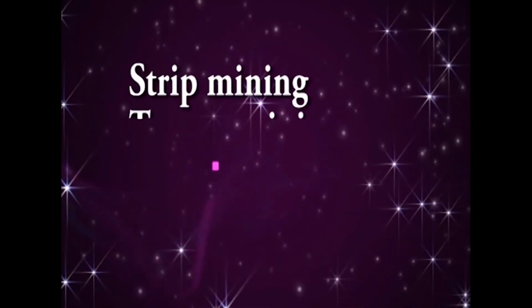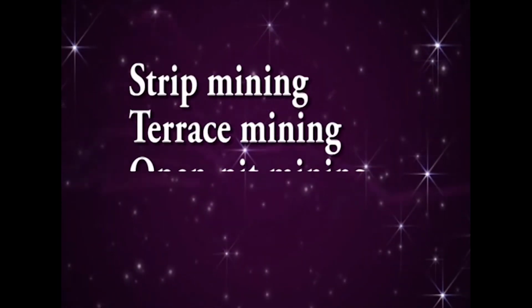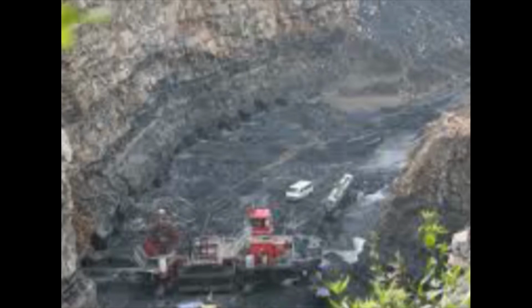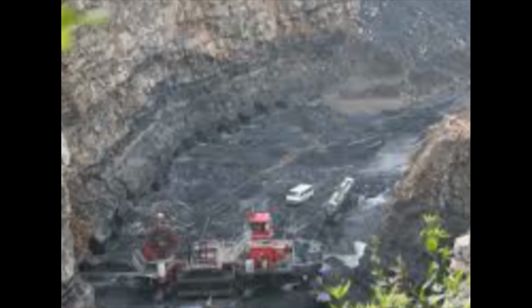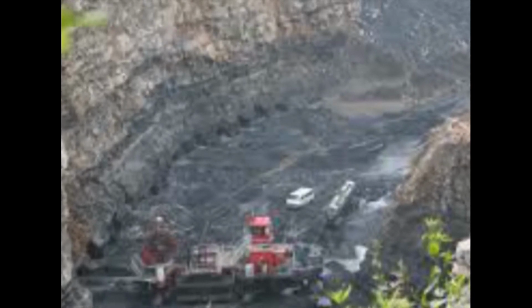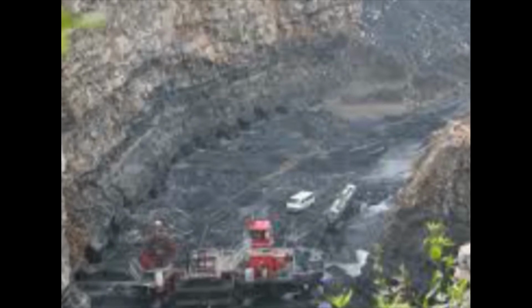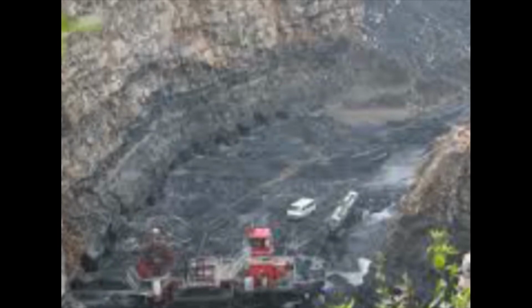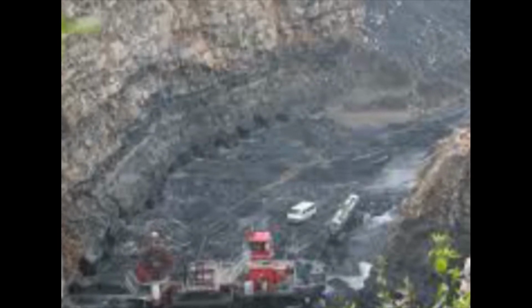Of all the variations of surface mining methods available, only the three most common methods will be described here, namely strip mining, terrace mining, and open pit mining. Strip mining. Strip mining is ideally applied where the surface of the ground and the ore body itself are relatively horizontal and not too deep under the surface, and a wide area is available to be mined in a series of strips.